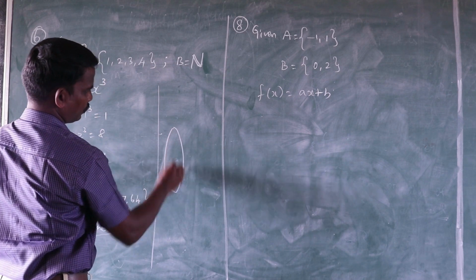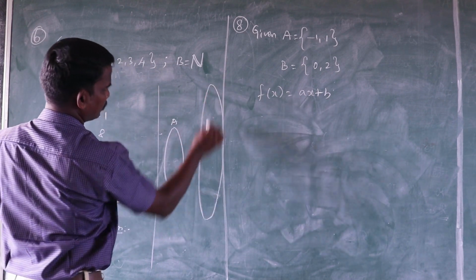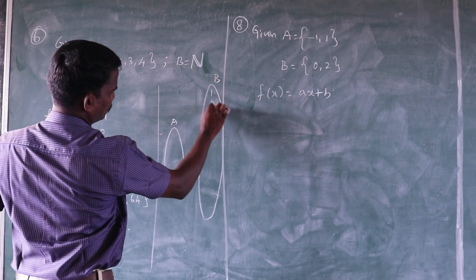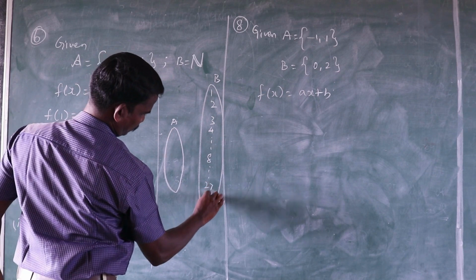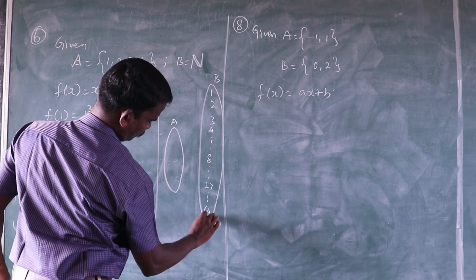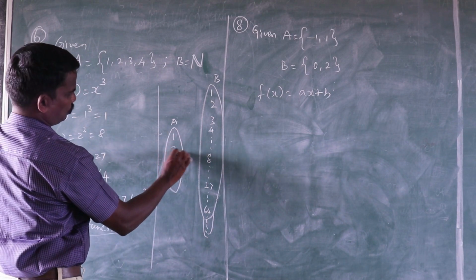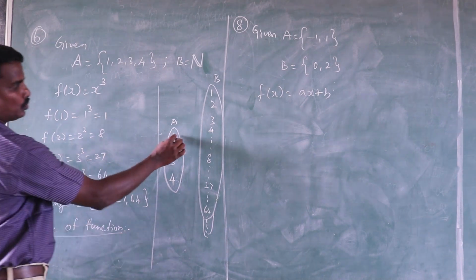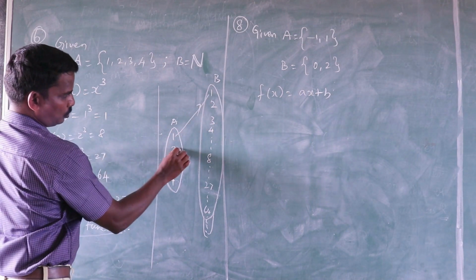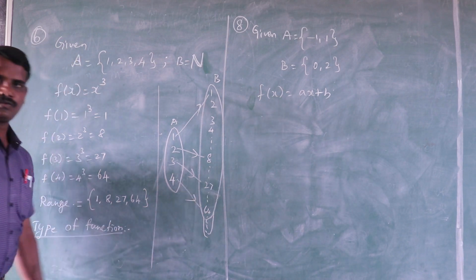Set A and set B. 1, 2, 3, 4. So 1 to 1, 2 to 8, 3 to 27 and 4 to 64.